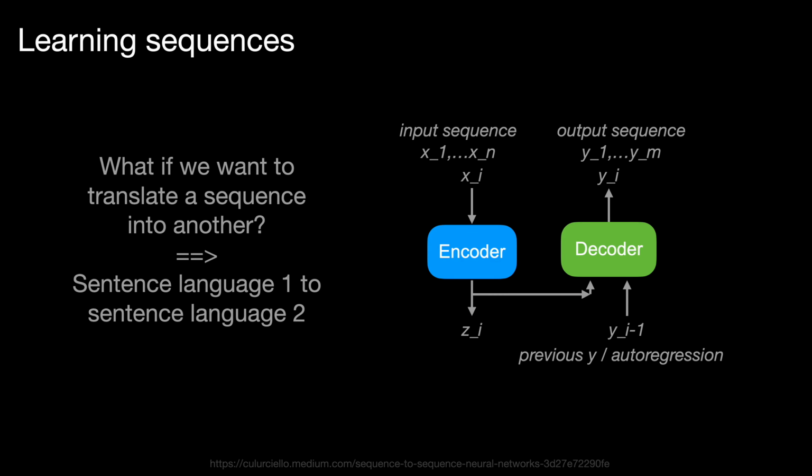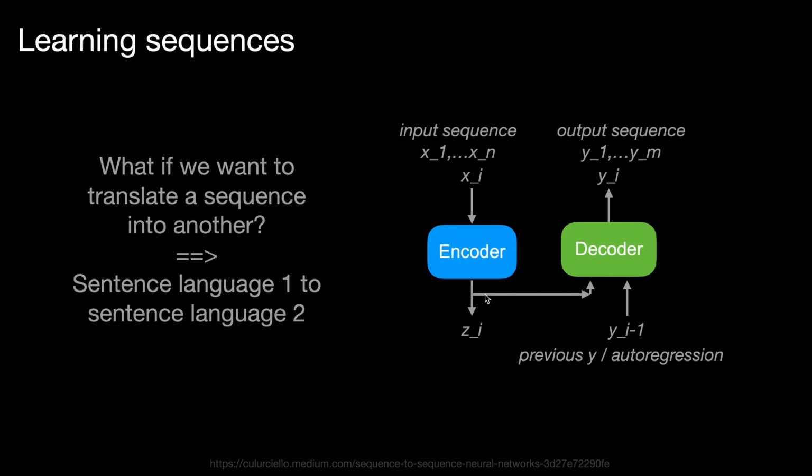But what if we want to translate a sequence into another sequence? This is very typical, for example, in language translation. Let's say I want to translate a sentence from English to Italian. I'll have an input sequence consisting of word after word after word, and I'll have exactly the same sequence learner that I had before, some kind of encoding.